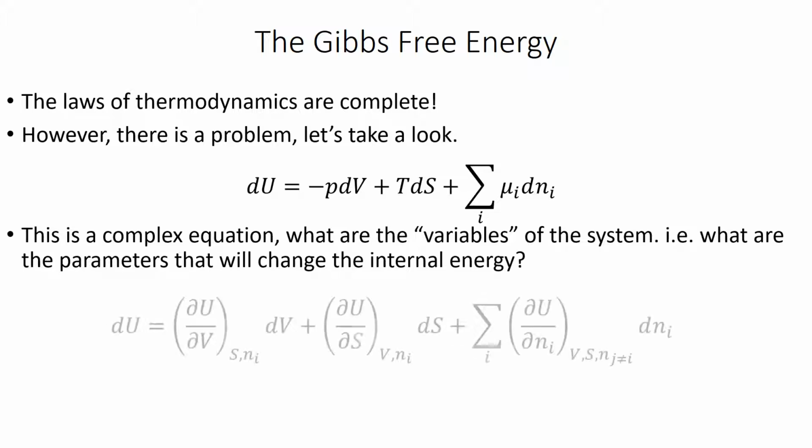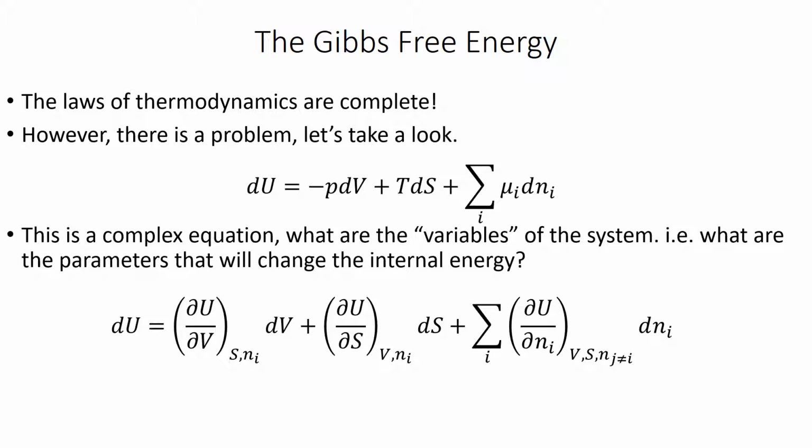Alright, I hope you've paused and given it a go. First thing to do is to write this in terms of partial differentials. So, the change in internal energy is equal to changes in the volume multiplied by this partial differential, which is the partial differential of the internal energy with respect to volume, if you keep the entropy S and the quantities of material Ni constant.